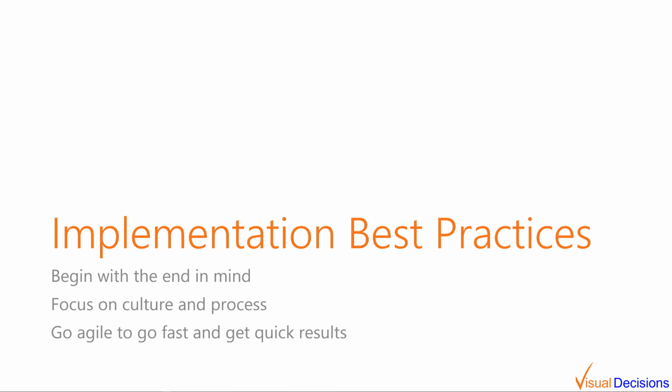You basically have to define the problem before you can go ahead and try to solve it. And then the next step is you can't make a big difference in this until you actually focus on the culture and the process. Just putting the technology in alone is not going to solve all your problems for you. And then utilizing agile techniques to go fast and get quick results.